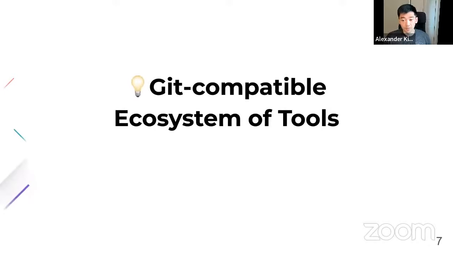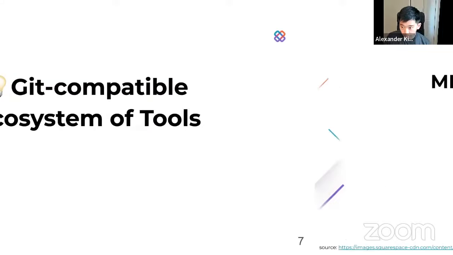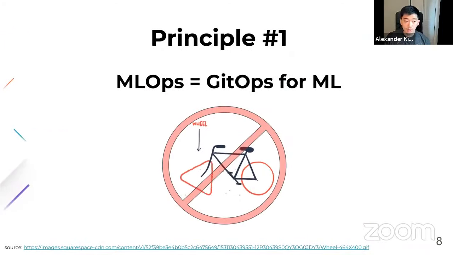All right, so here's an idea that I'd like to propose. The overarching idea for the whole talk today is to leverage a Git-compatible ecosystem of tools. This idea comes from two underlying principles.